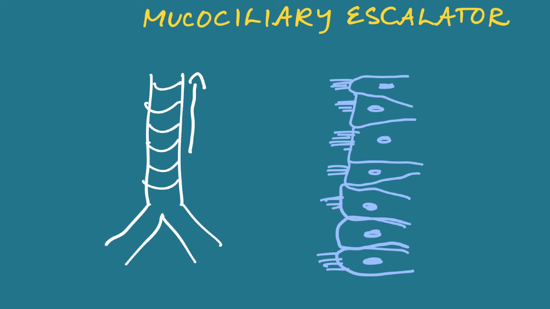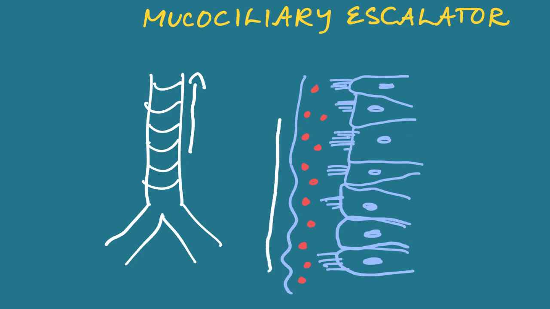So this mucus that's running here carries along with it all the junk that we breathe in, and we want to take it out of the body. So we don't want this to reach the lungs. The red spots that you see here are the debris that we want to remove, and the space here is the mucus.